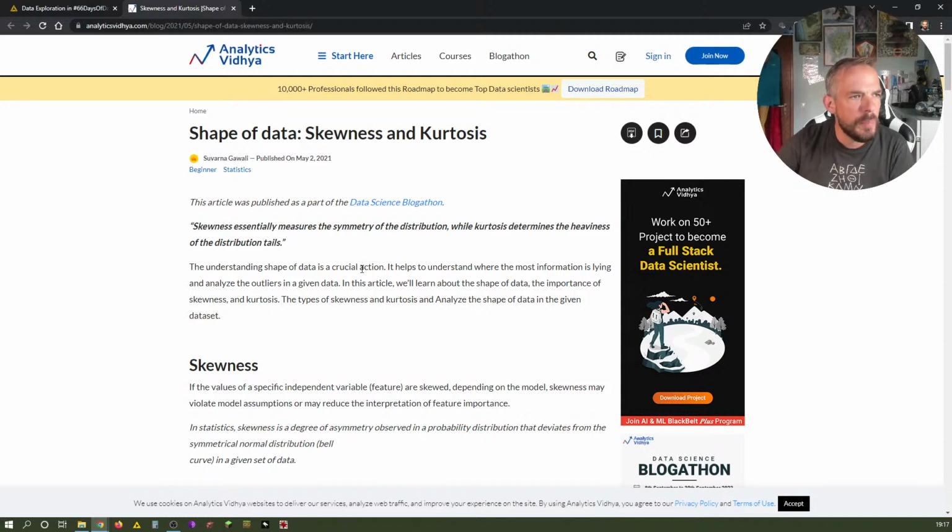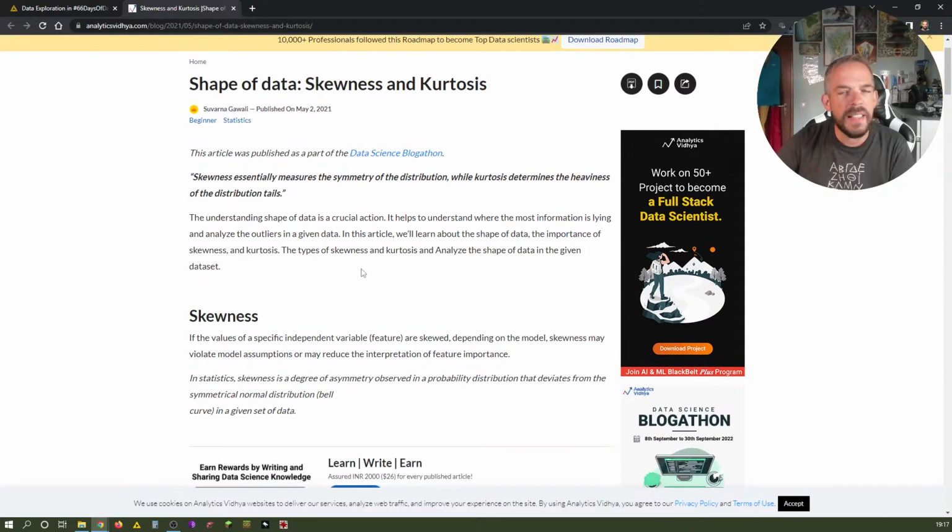These two measures basically talk about the symmetry of the distribution of values that we have. If you remember, yesterday we looked at singular values. For example, we looked at the median, which is the value exactly in the middle of a data set, and we're going to come back to this one today as well.